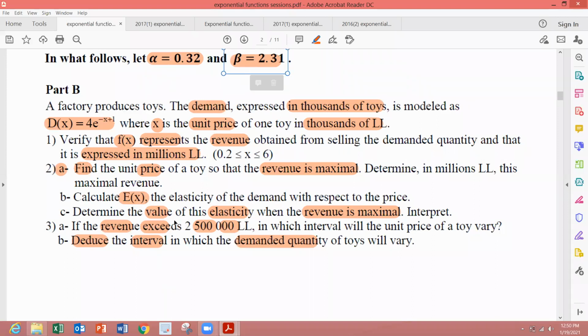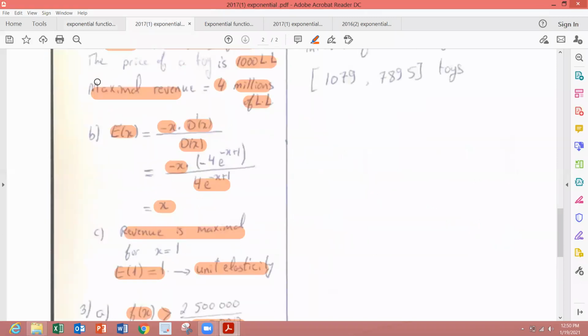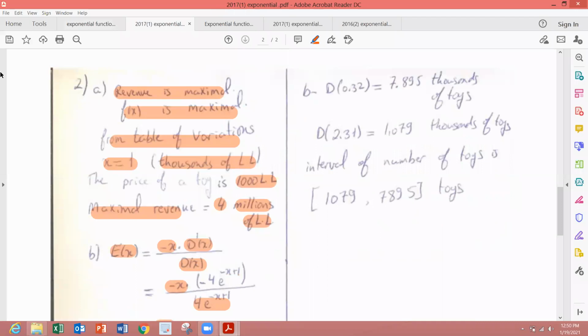So we have d of 0.32 equals 7.895 thousandths of toys. I take three digits after the decimal because it is in thousands.